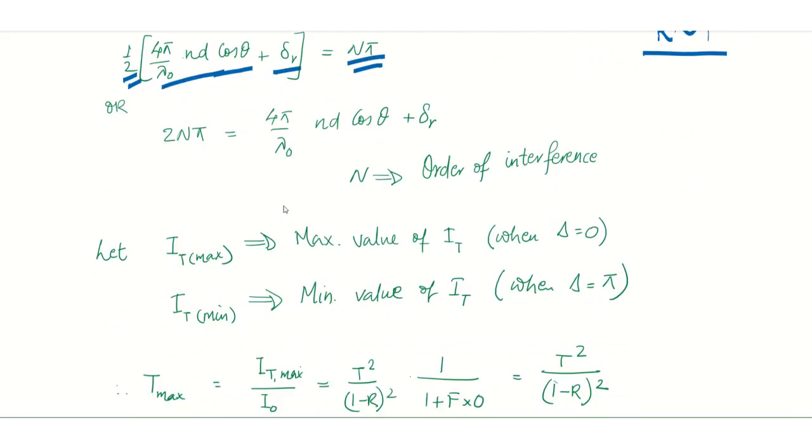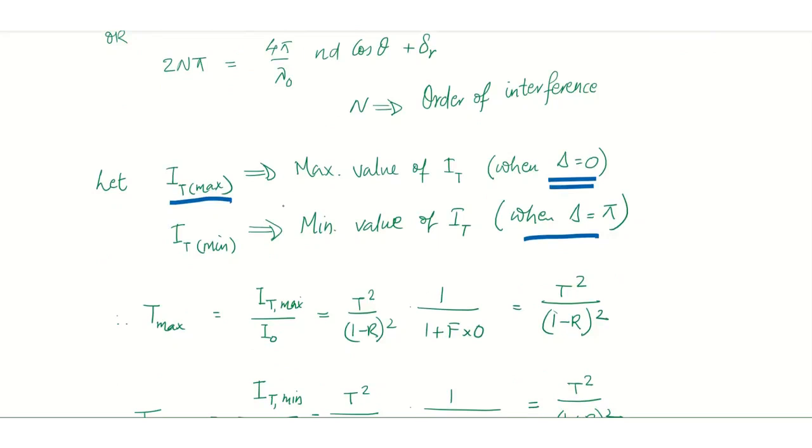Then when delta equal to 0, we get the maximum value for the transmitted intensity. When delta equal to pi, you get the minimum value for IT.